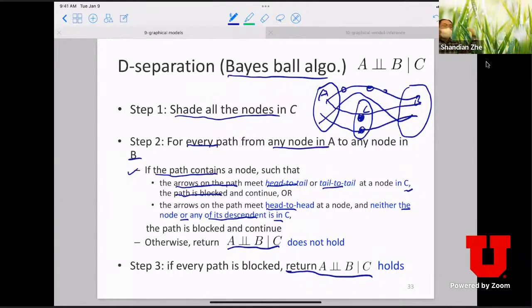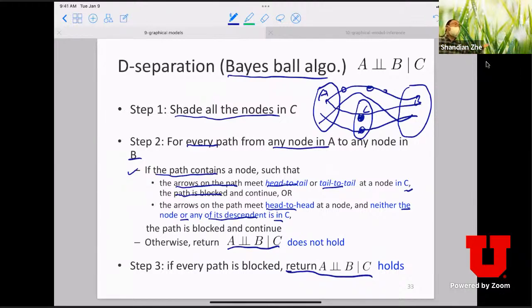So again, why is this called baseball? We look at every path from any node in set A to any node in set B, starting from the beginning node and rolling this ball. Along a particular path, as long as there's one node which matches the three basic structures we mentioned, that path is blocked by the node and your ball is stopped.